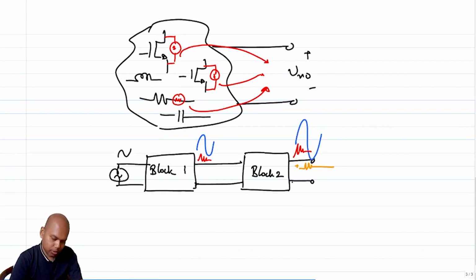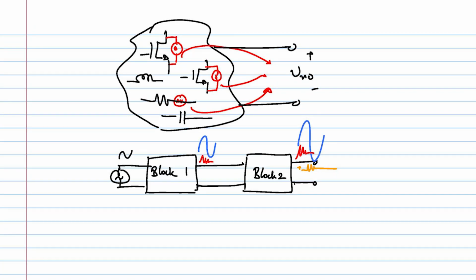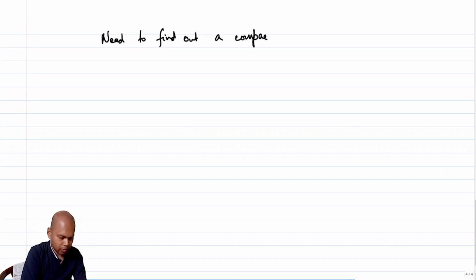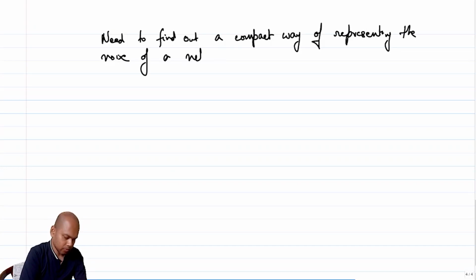So what we'd like to do, our next job, is to find out a compact way of representing the noise of a network.